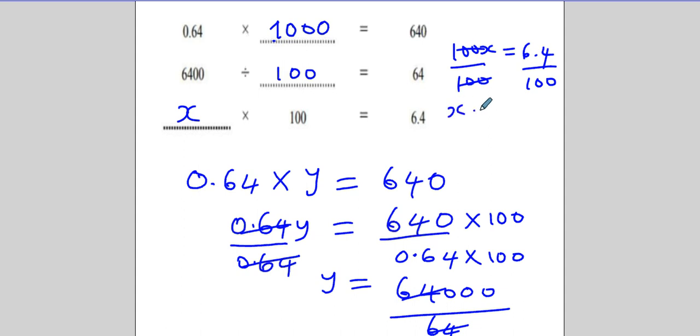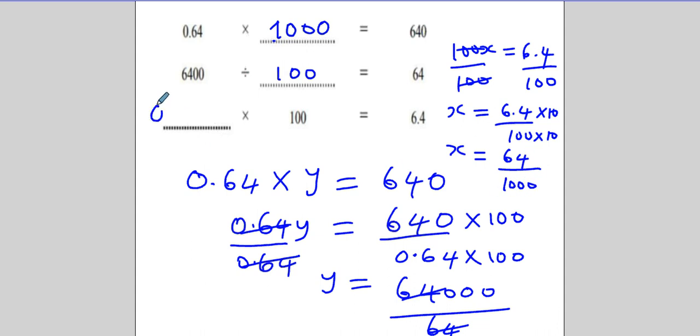So x will be equal to 6.4 divided by 100. Take out the decimal place by multiplying by 10 top and bottom. x will be equal to 64 over 1000. If we write that as a decimal, 0.064 will be the answer.